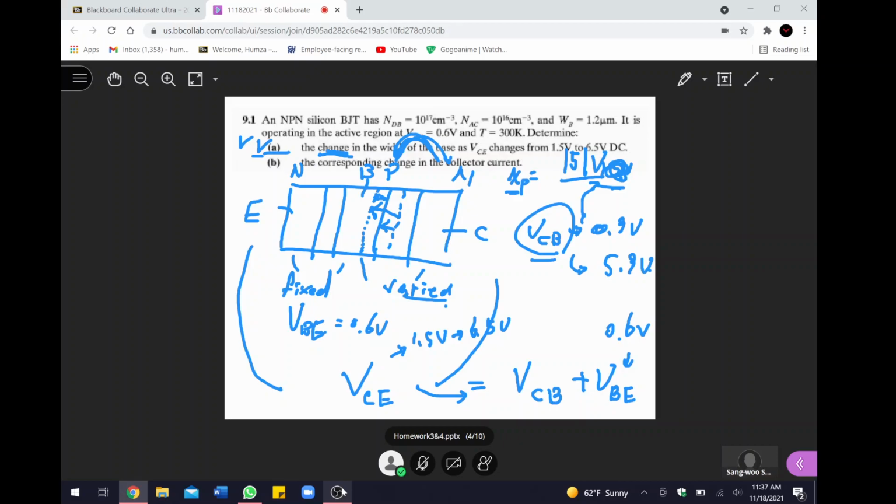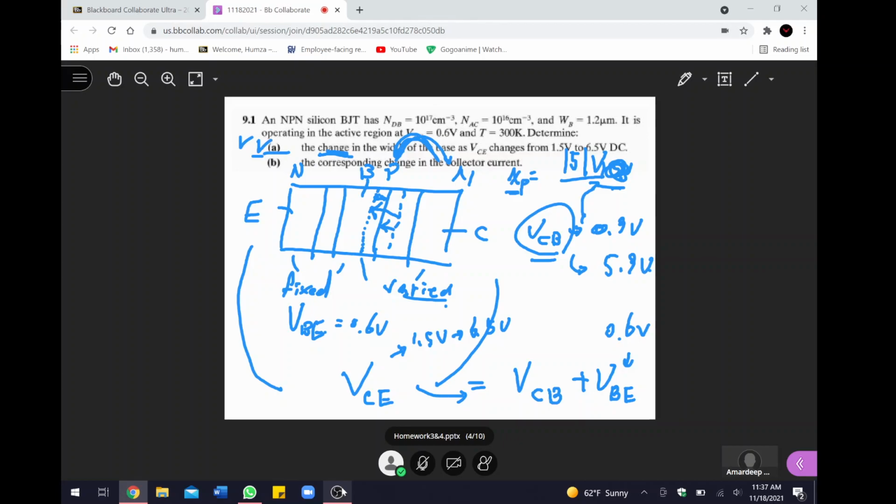It's in the PN junction, and you're looking at the P side, how the depletion region changes when you apply the 5-volt difference. So that is the first question. It's nothing more.